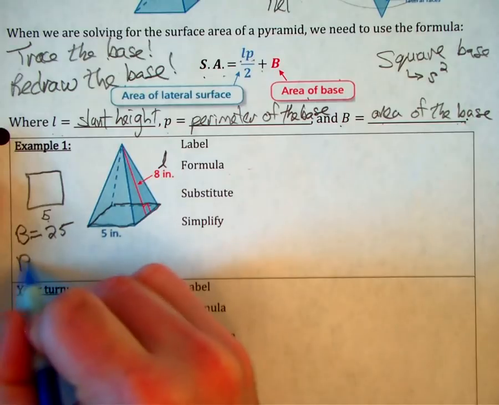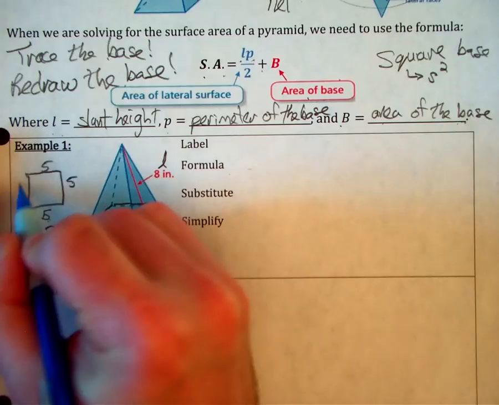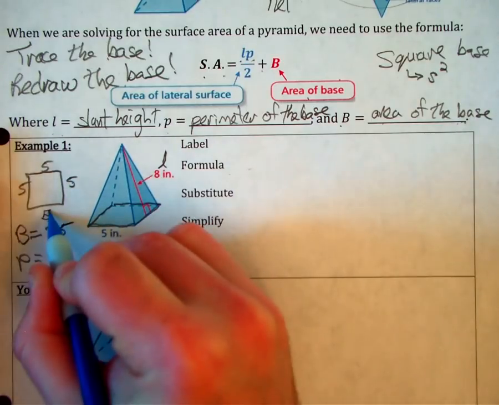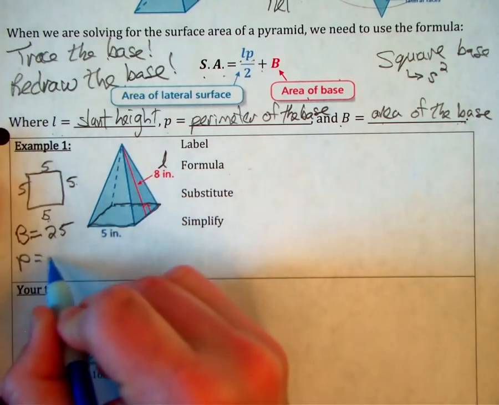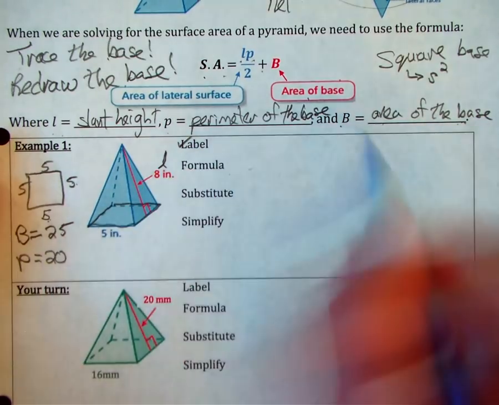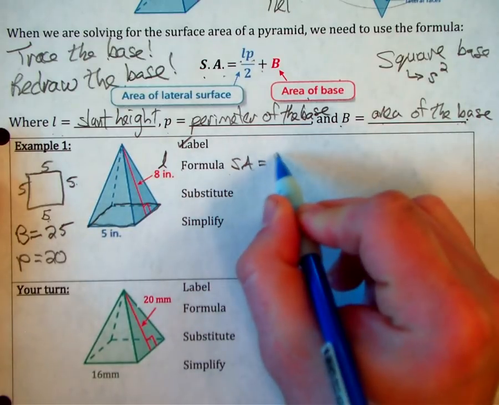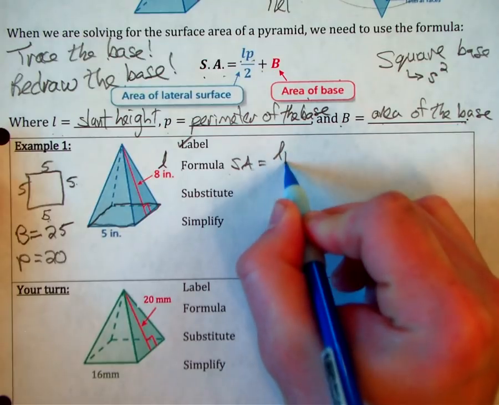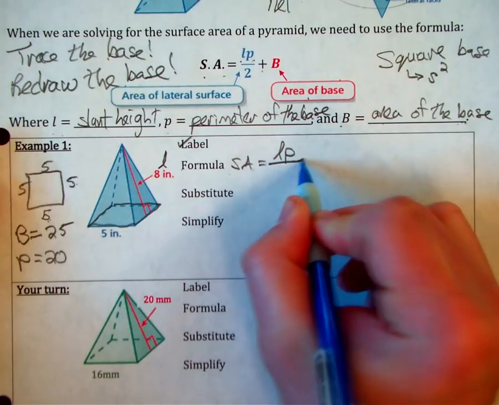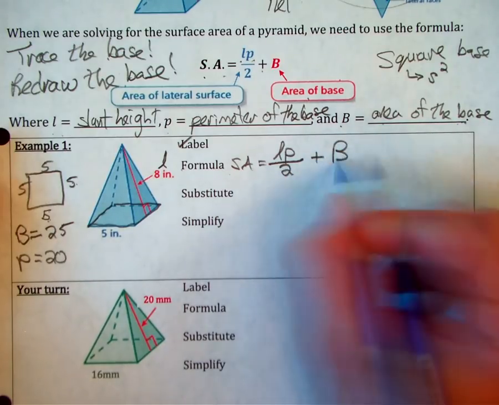And then the perimeter of the base, again, we add up all the sides, which they're all equal. And so we do 5 plus 5 plus 5 plus 5, which is just going to be 20. So we labeled it. Now we have our formula. So we have surface area is equal to the slant height times the perimeter of the base divided by 2. We're going to add that to the area of the base.